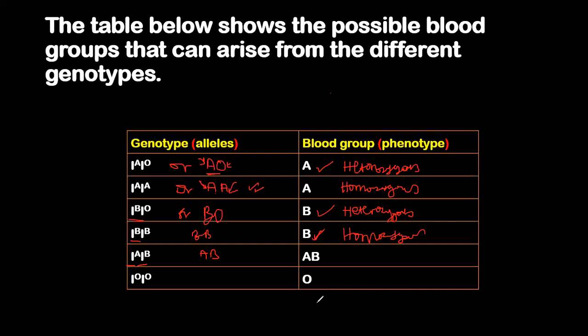You have antigens for both A and B. Whereas when O and O meet, then you form blood group O. And this one doesn't have either homozygous or heterozygous. For it to be blood group O, you must be in homozygous state. Period.